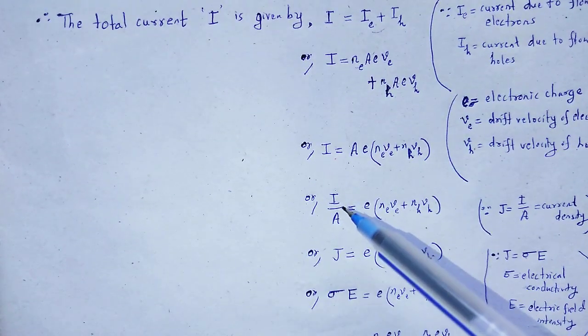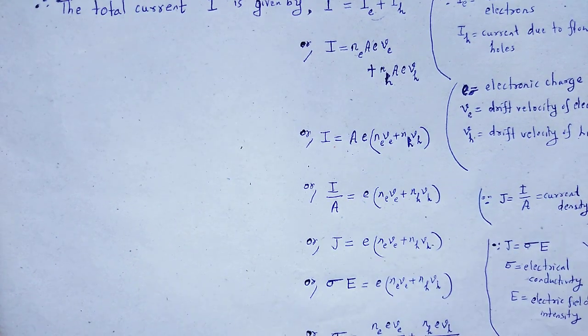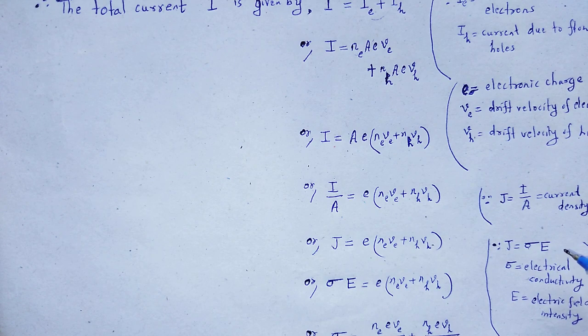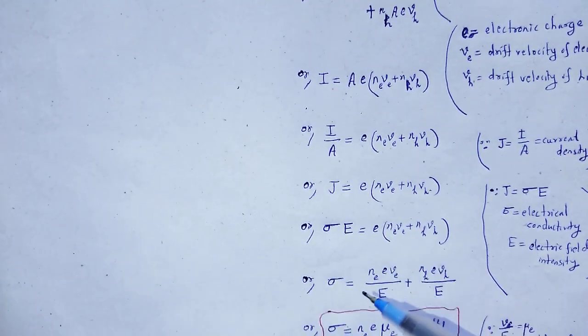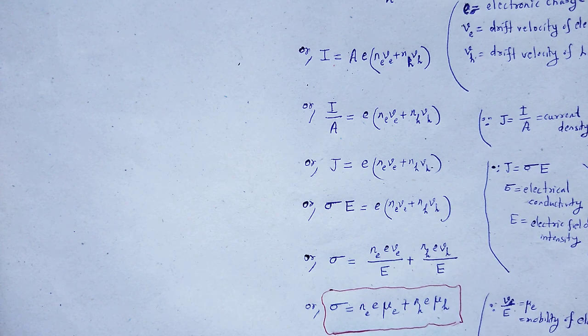Simplifying it, I by A, the current density, is the product of electrical conductivity and electric field intensity. Finally, that will be the expression for conductivity as well as mobility for semiconductors.